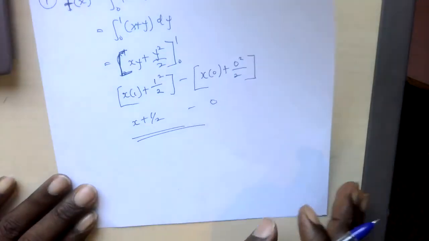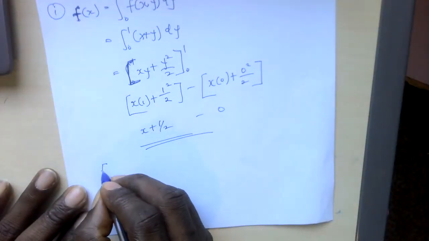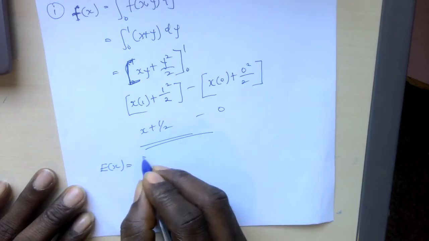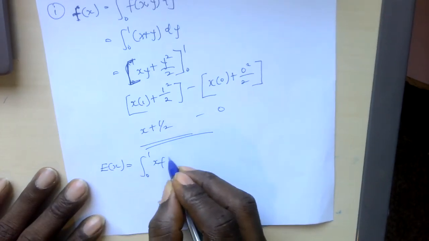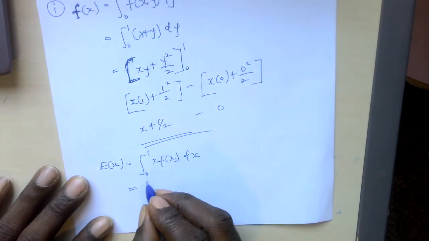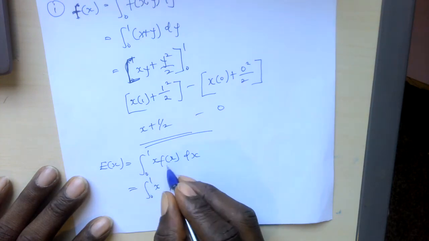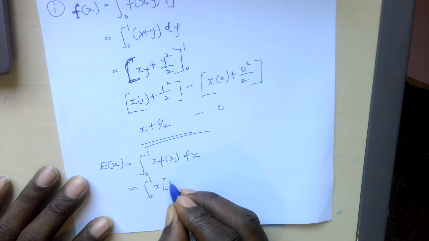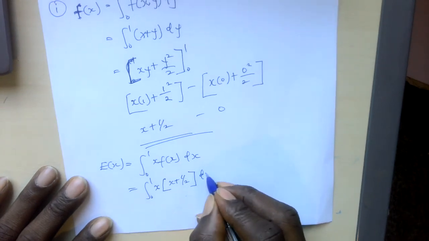So with that information, we can go on to calculate the expected value of x. The expected value of x will give us the integral from 0 to 1 of x times f of x dx. So our f of x is now x plus 1 over 2, dx.